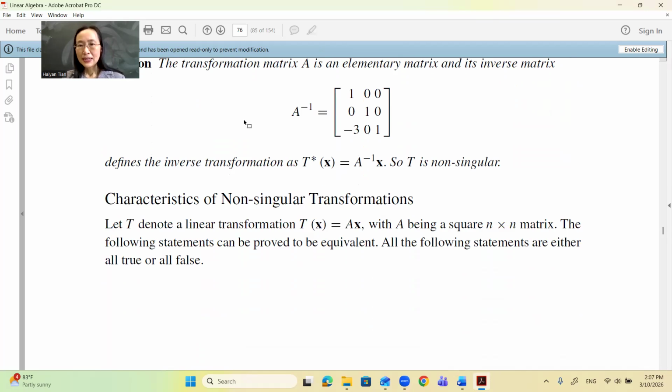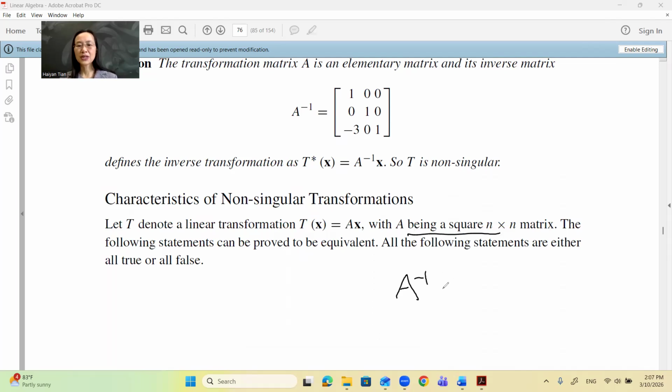That means T is non-singular if and only if A has an inverse, right? That's one characteristic that we have used, because in that case, A inverse will define a mapping.